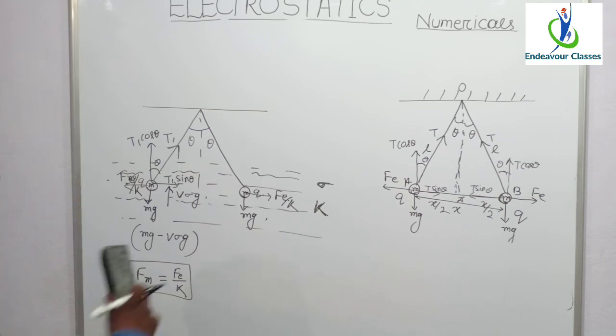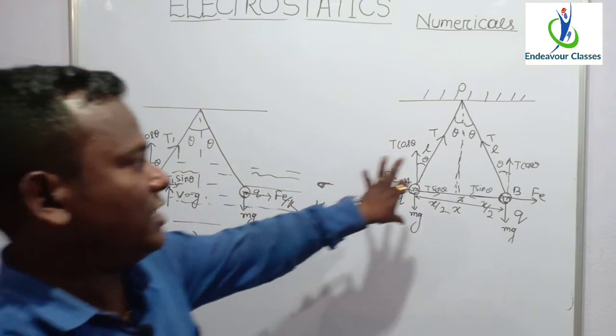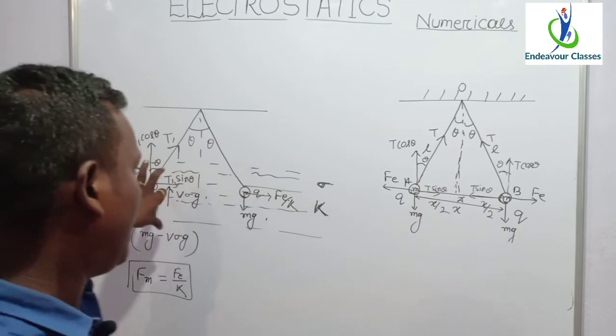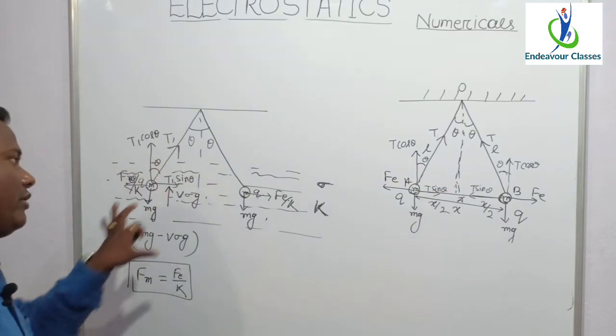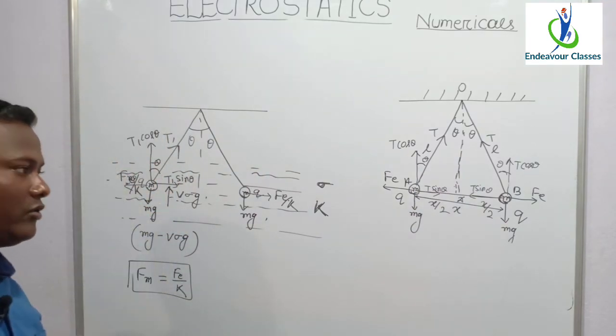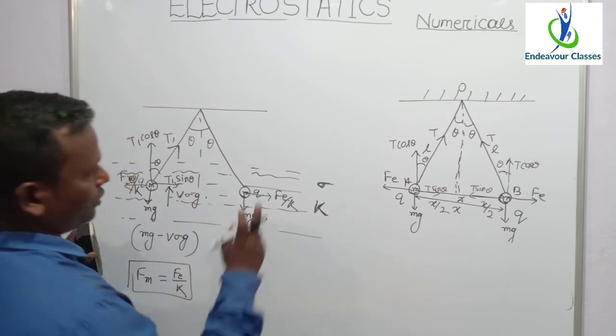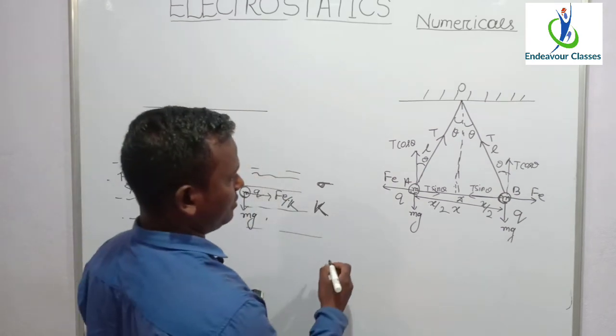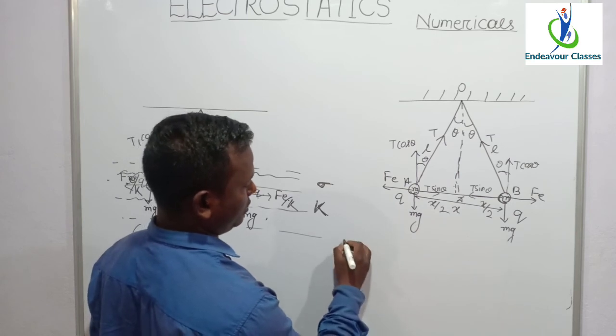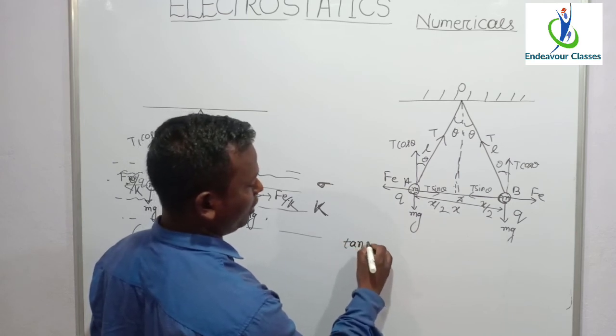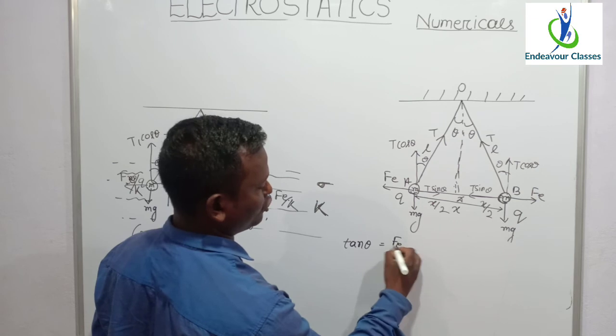If we compare these two conditions, when the charges are in air and when the charges are dipped inside the liquid, we find that when the charges are in air, tan theta is equal to Fe by mg.